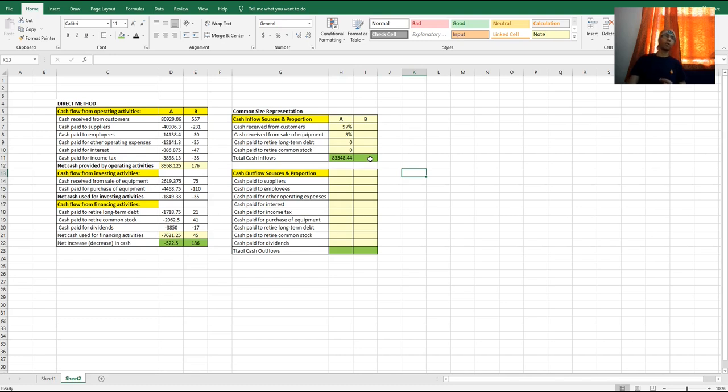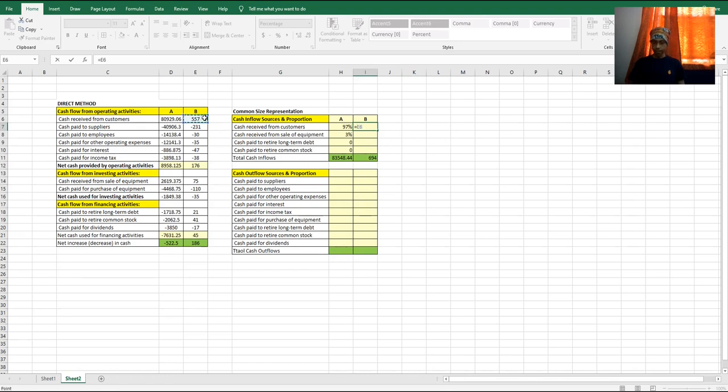Same thing we do for B. So for B, the inflows are 557 plus 75 from sale of equipment plus 21 from debt and 41 from stocks. Now we'll be representing the percentages here. This is equal to 557 by 694. This is 80%.